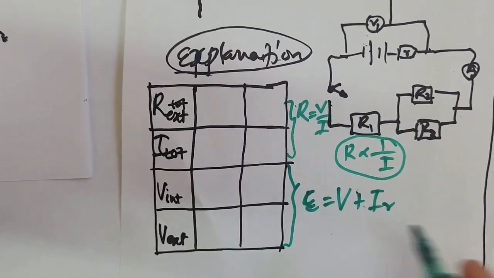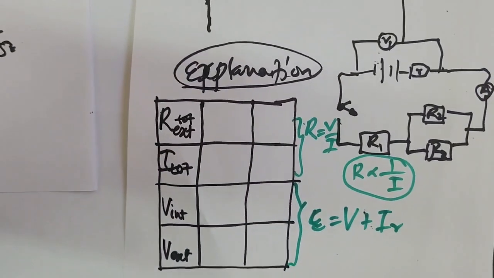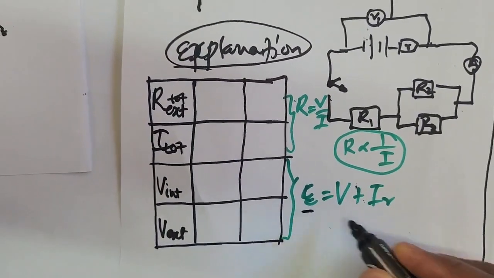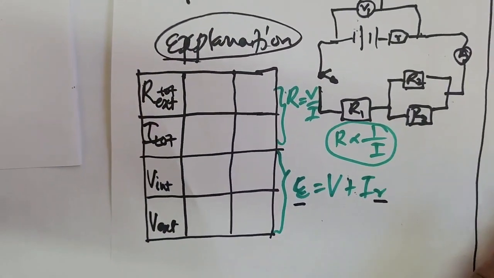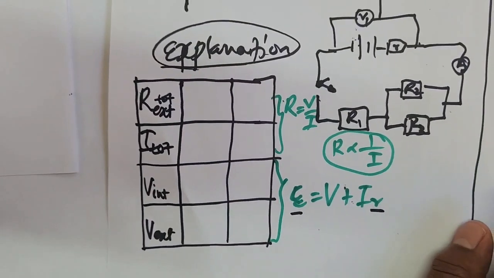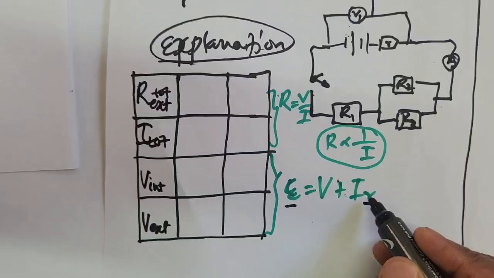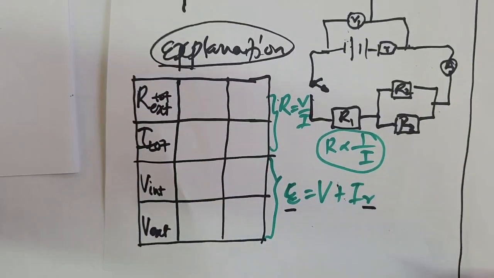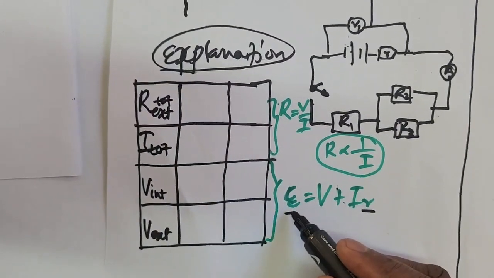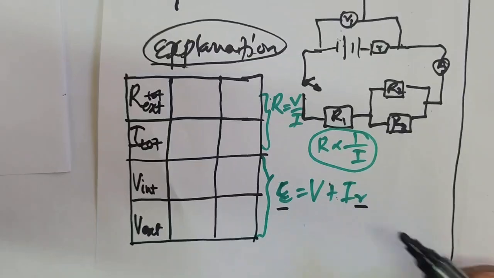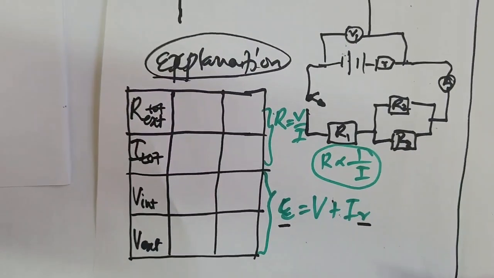Please be careful that in this formula the EMF and the internal resistance remain constant. So the V and I can change, but these two do not change. If we have the same battery, we'll have the same EMF and the same internal resistance.